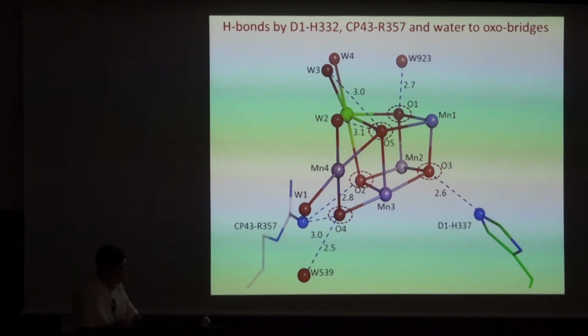And in fact, if we remove these hydrogen bonds, then the cluster will become strong and unable to catalyze water splitting. And this has been confirmed by site-directed mutagenesis to change one of these amino acid residues. If we change any one of these amino acid residues, then the activity of water splitting will be lost.